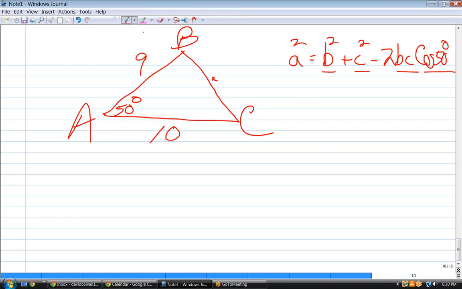We will have A squared equals 9 squared plus 10 squared minus 2 times 10 times 9 times the cosine of 50 degrees, which is a number. Right.